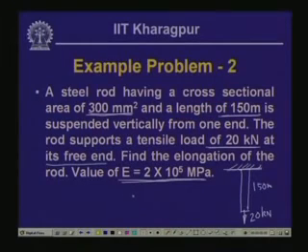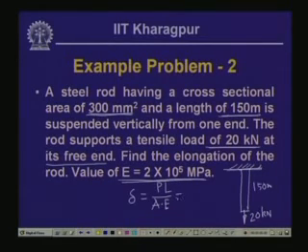Now, here as we have seen, the deformation delta is equal to PL divided by AE, where P is the axial pull acting in the bar, L is the length of the bar, A is the cross-sectional area of the member which is uniform here, and E is the modulus of elasticity of the material.